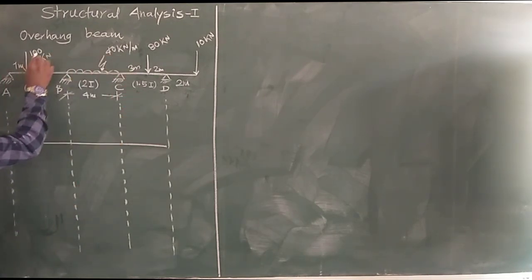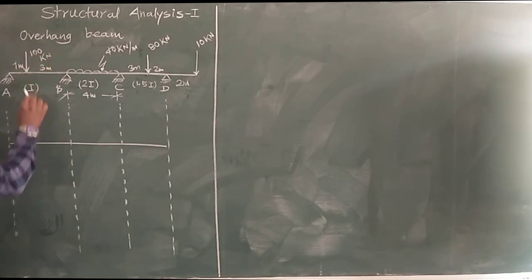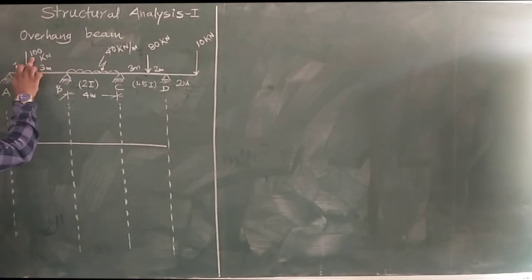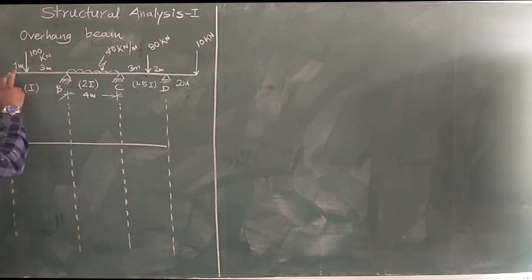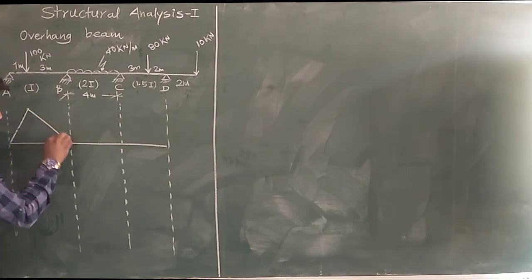The bending moment for this eccentric point load will be WAB by L. If you enter the values, W is 100 kN, A is 1 meter, B is 3 meter, divided by L which is 4 meter, the value will be equal to 75. We will draw this as a first degree curve.